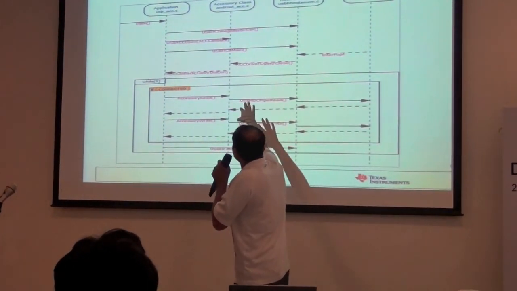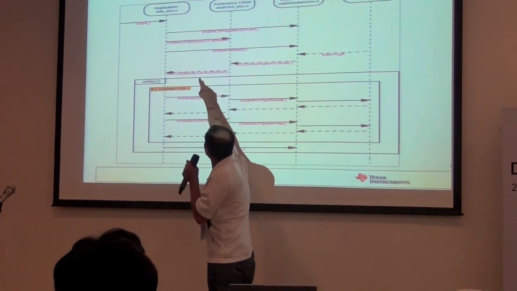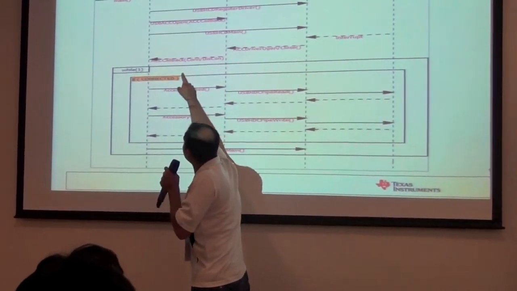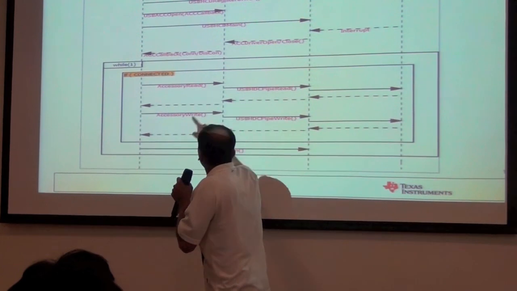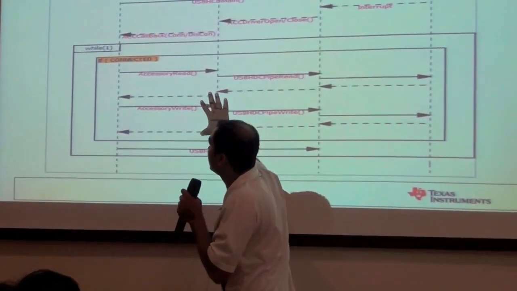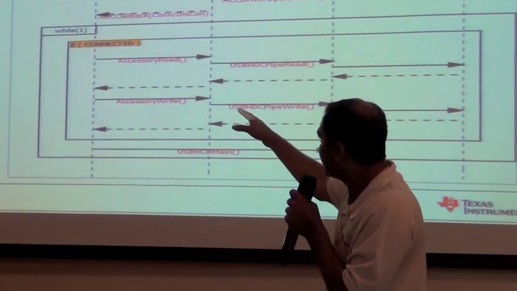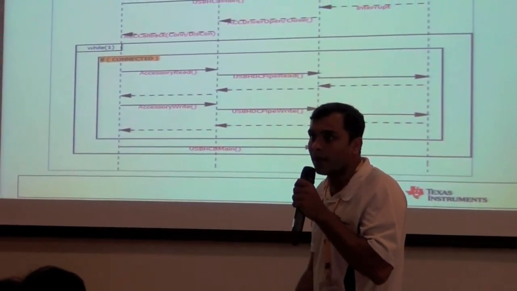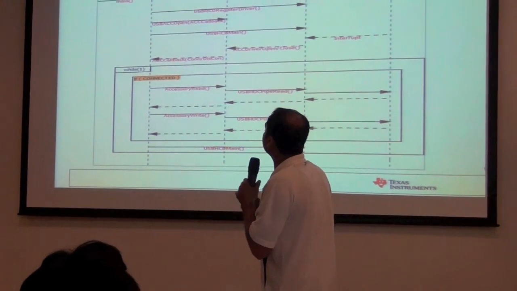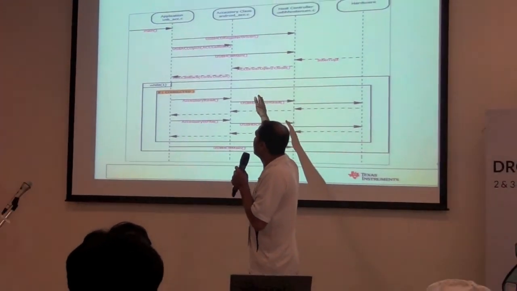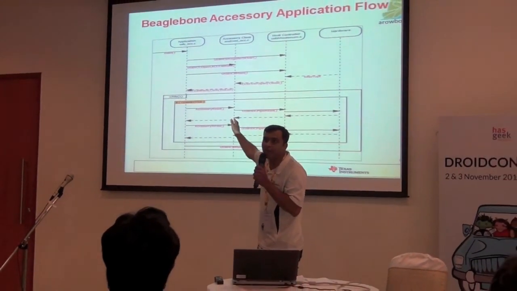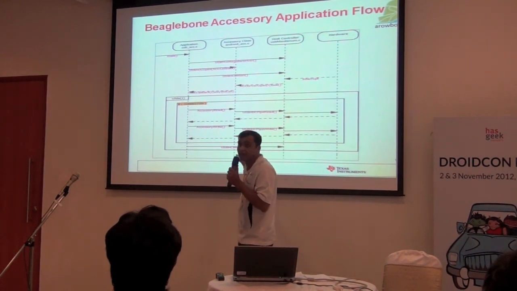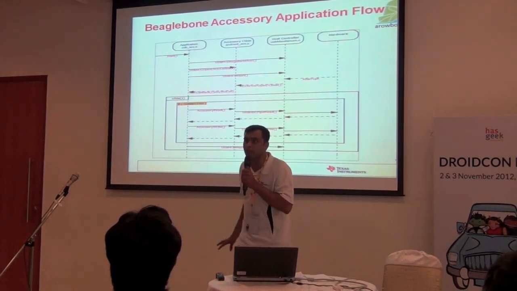After that, once the callback connected event has come, you can loop in and read and write using the accessory API here in a while loop. Using this API, you can communicate with the Android powered device. So from the application's point of view, you have to just register your accessory class driver, and once you get a connected callback, you just use the read and write API to write your own accessory application.